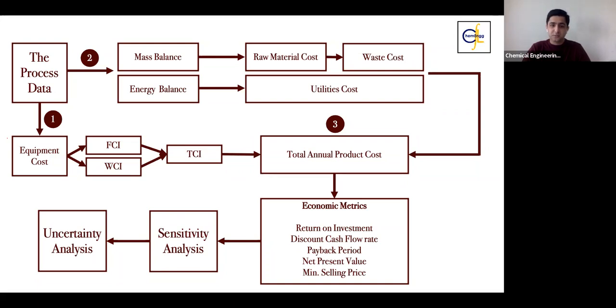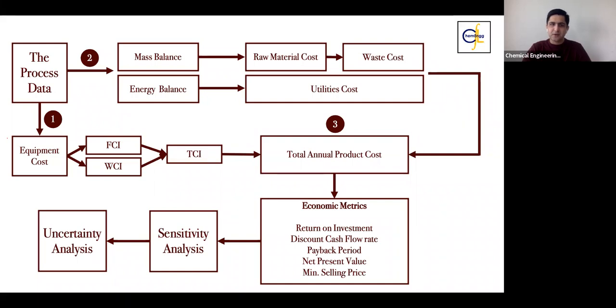Using the energy balance, we can then calculate our utilities cost, and the utilities include everything from steam, cooling water, electricity, refrigerant, and anything else that you might need for running your plant. Once you have your capital investment and your day-to-day operation costs, we can calculate something we call the total annual product cost, also referred to as PPC.